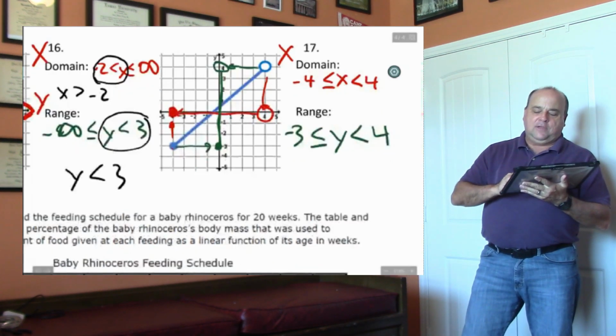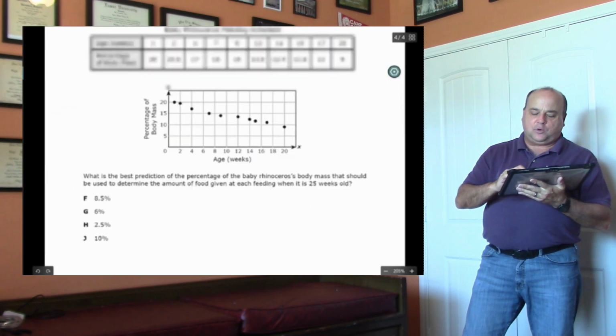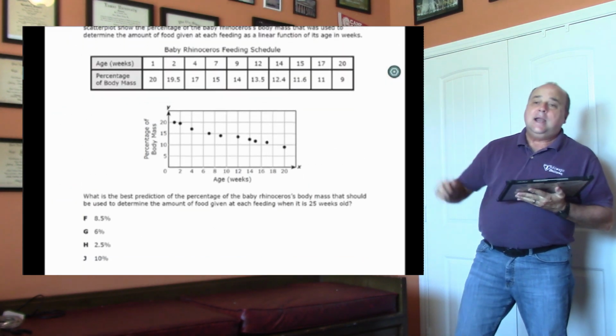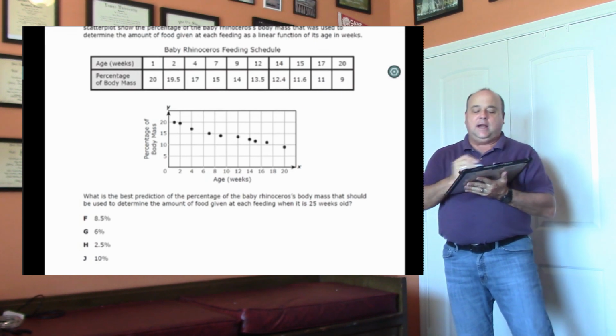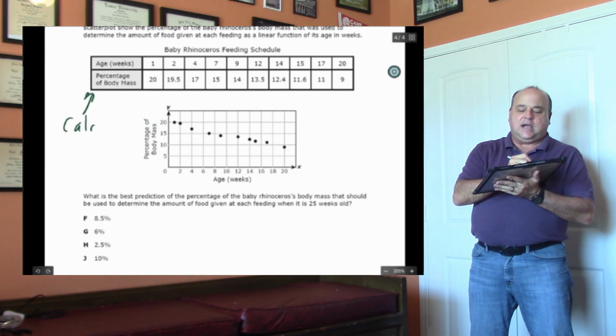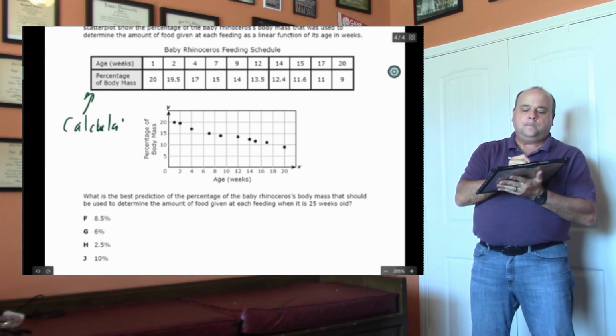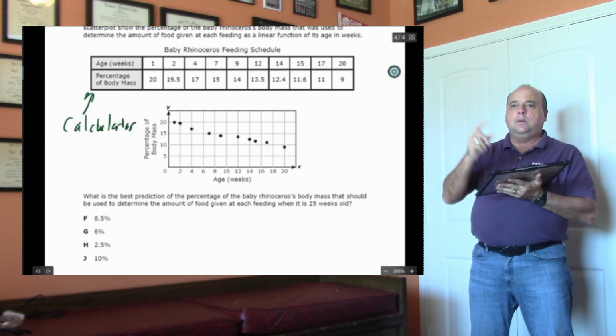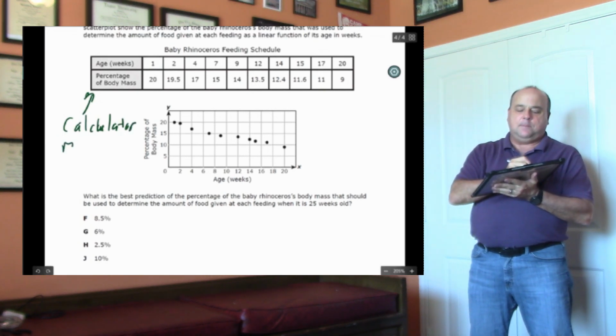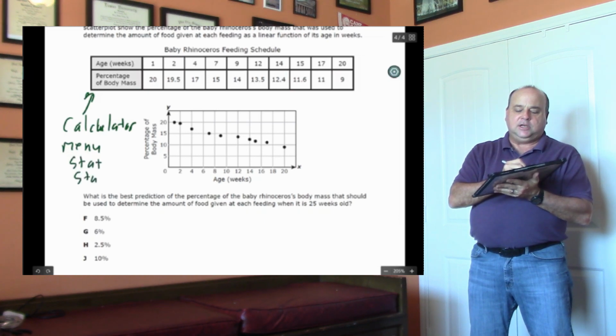Oh, and then lastly, this is the estimation problem. Now then, this is what you learned Friday. You could put this in the calculator. Okay, remember, set up the new table and all that, then hit Menu, Stat Calculation, and then hit Linear Regression.